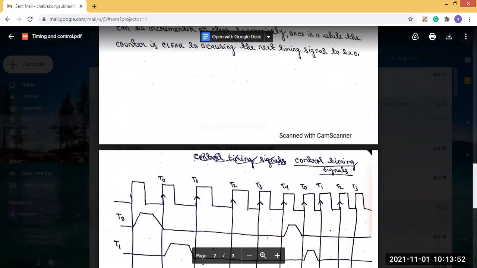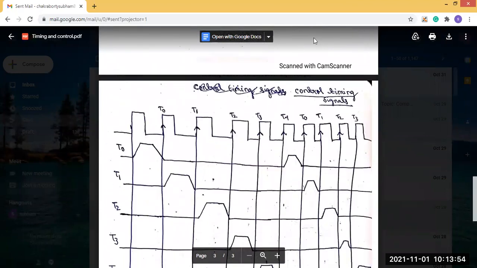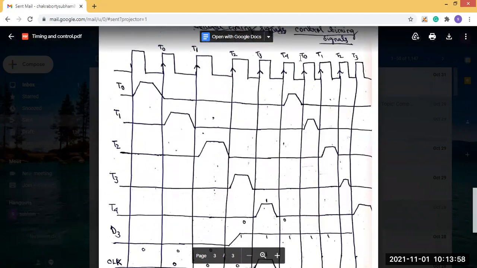So we will see the timing signals. Let's say these are the control timing signals. Here, all the timing signals from T0 are mentioned.